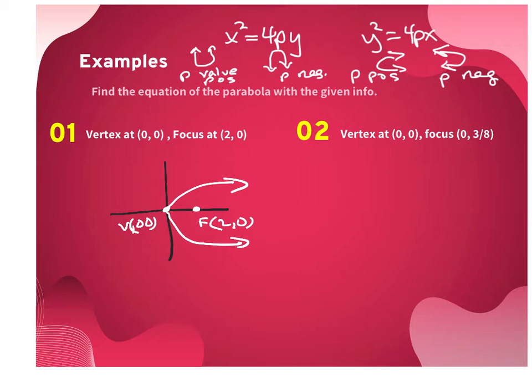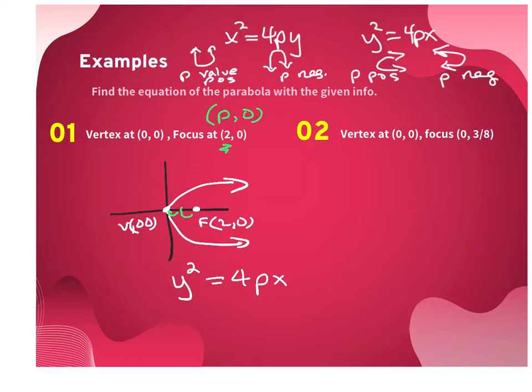So I know I'm going to be using the y squared equals 4px. Remember, the p-value is the distance that the vertex is from the focus. So we can see by doing this little rough sketch here that it's going to be 2 spaces away. Now, you can also recall from Friday that when your vertex was at the origin at 0, 0, your focus point is p, 0.